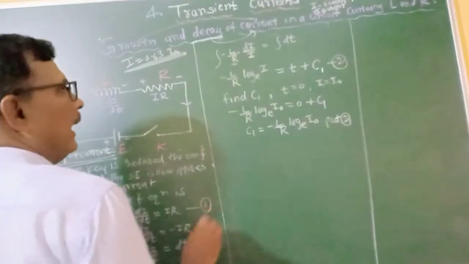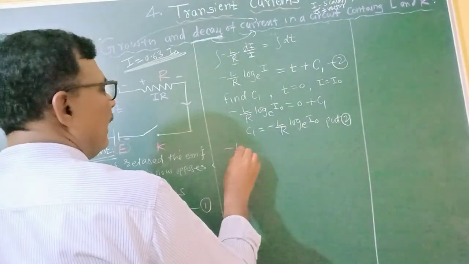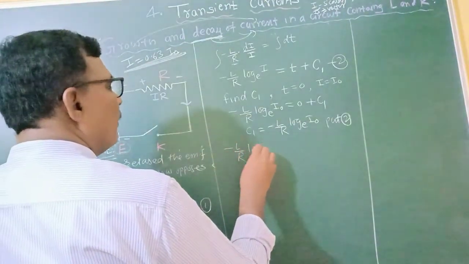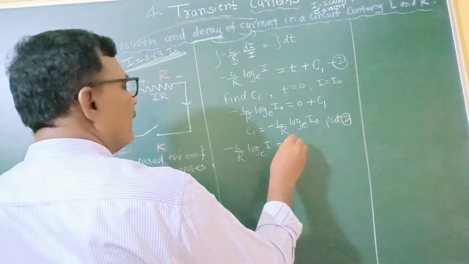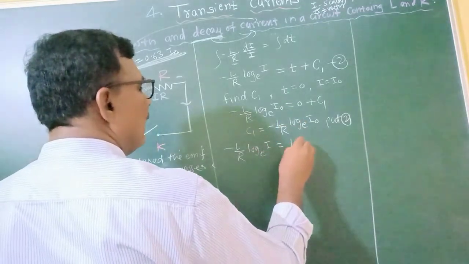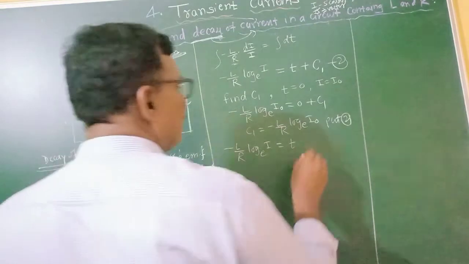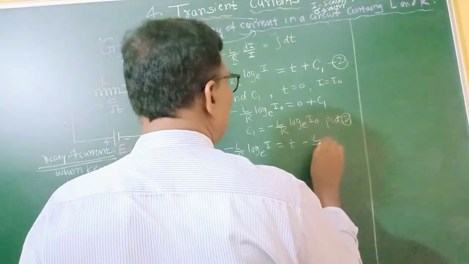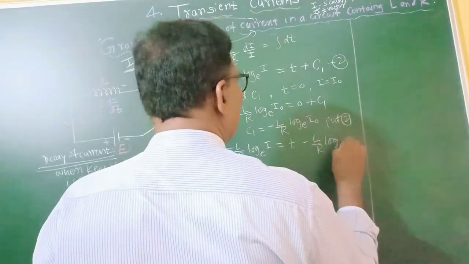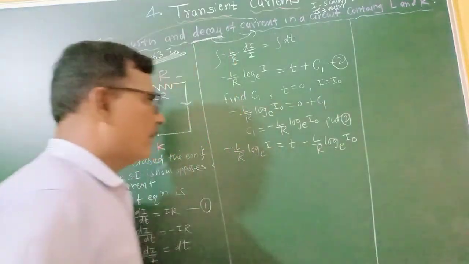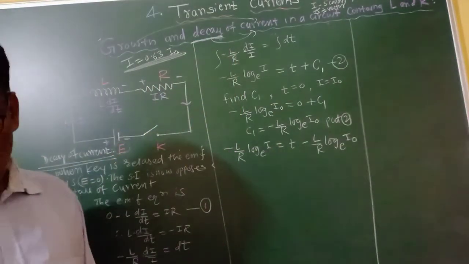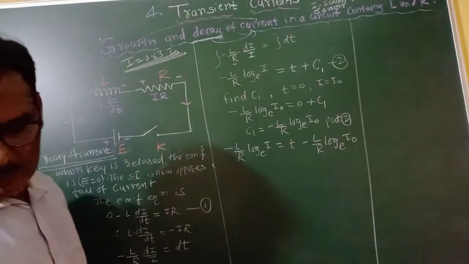We get minus L by R into log to the base e of I equals t plus C1, which is minus L by R log to the base e of I0. Now t is on one side and the other terms go to the other side.